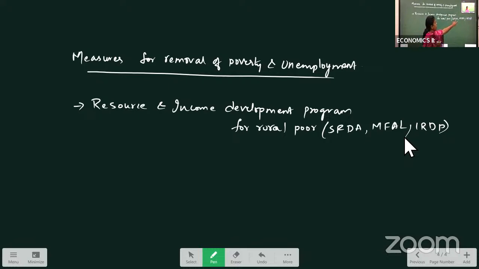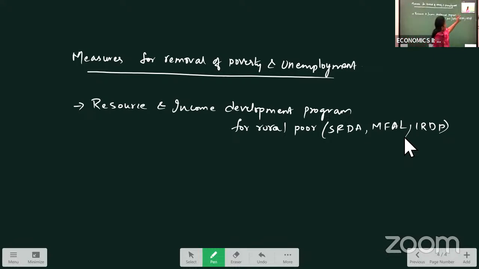Small Farmers Development Agency: how will development of farmers be done? Whatever output is produced by the farmers will be taken by the government and employment is created for them. Marginal Farmer Agricultural Labor Agency: support is given to the marginal farmer agricultural labor. And IRDP, Integrated Rural Development Program, is to develop the resource and income of the rural people.